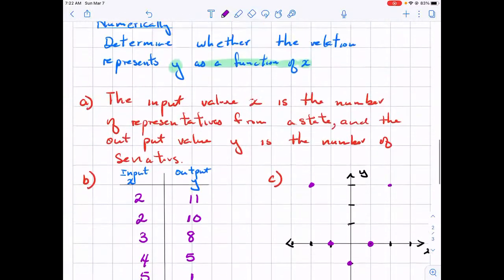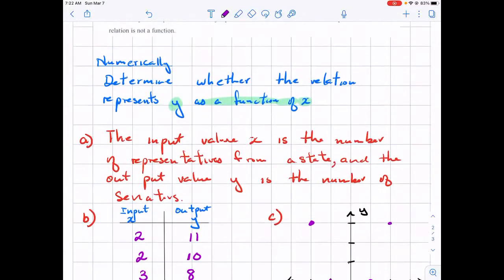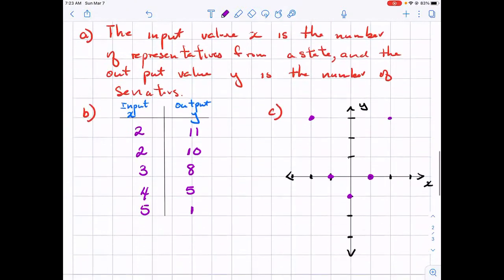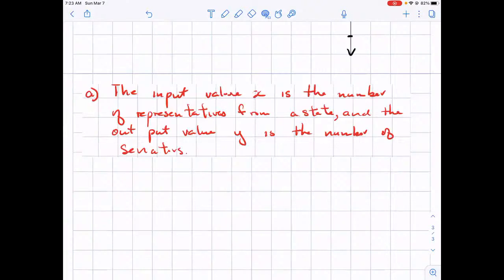So let's look at these 3 examples. Determine whether the relationship represents y as a function of x. Now, the first one, part A: the input x is the number of representatives from a state, and the output value y is the number of senators.